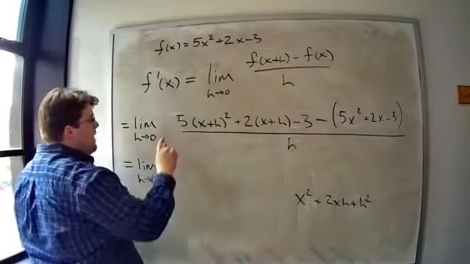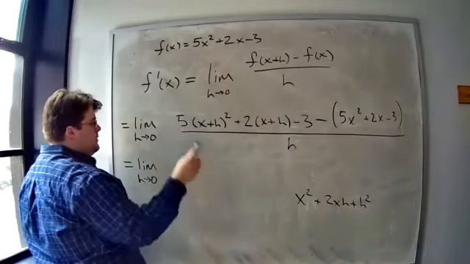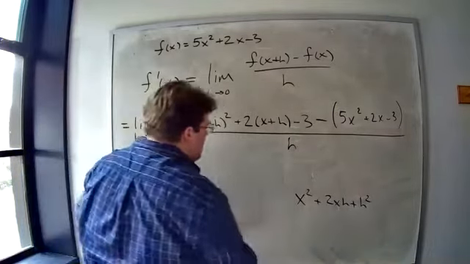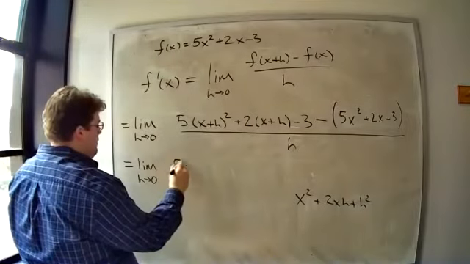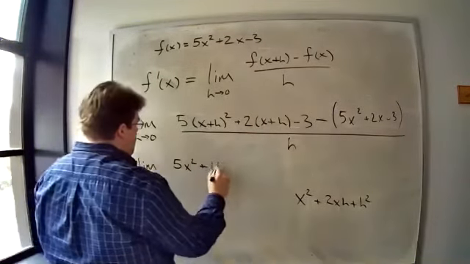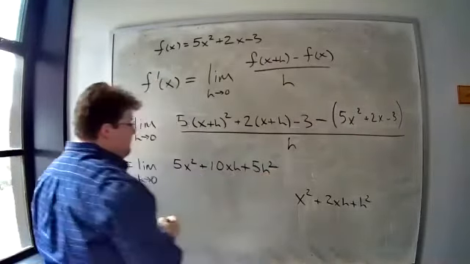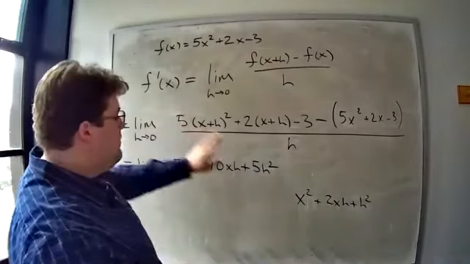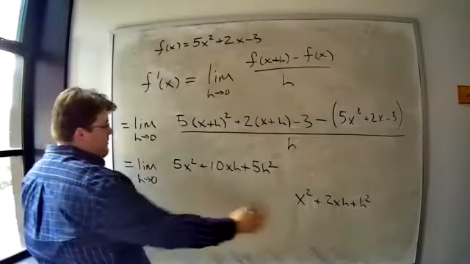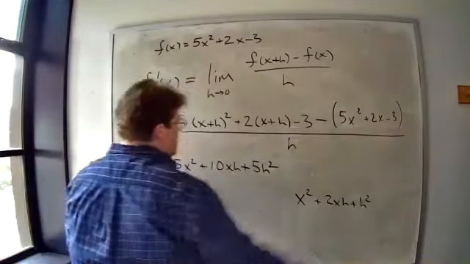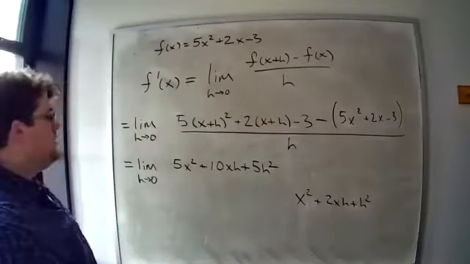But we want 5 of them. So we want 5 times all of that. So 5 of those gives us 5x squared, 10xh, and 5h squared.